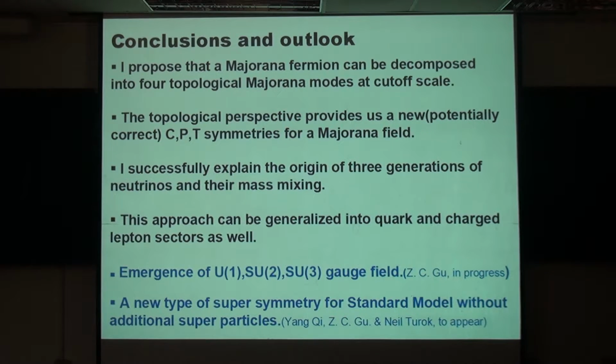We can just pair up the bosonic fields and the fermionic fields within the standard model to make superpartners. We call this twisted supersymmetry. Basically, the basic idea is that the supercharge may also carry a certain gauge charge. And okay, thanks for your attention.